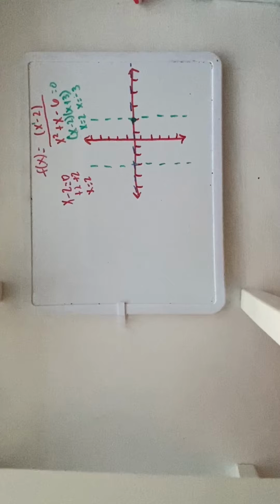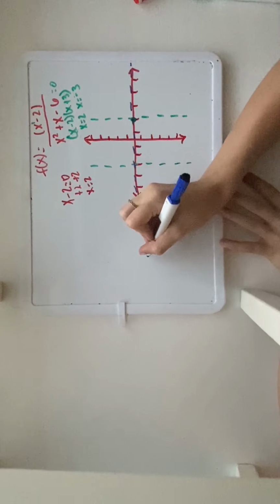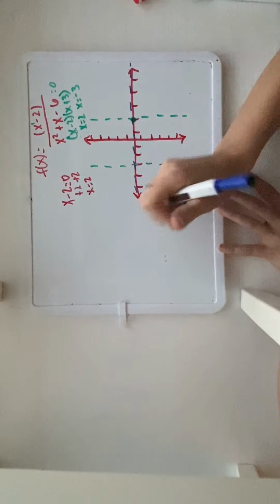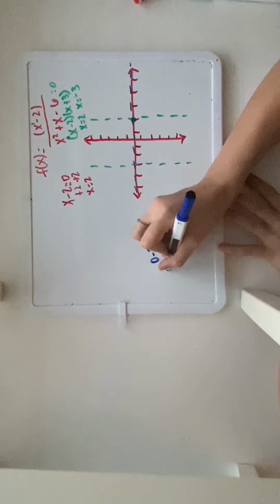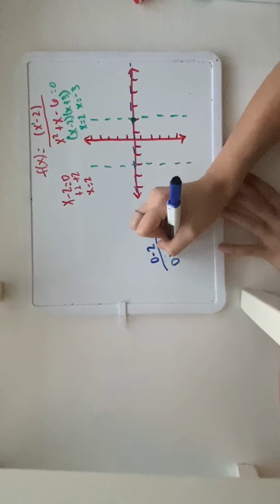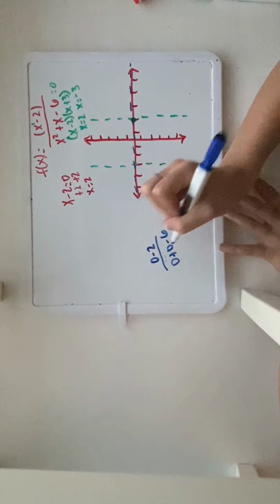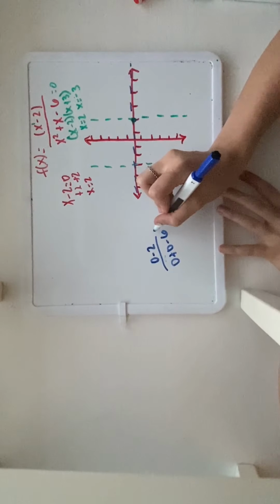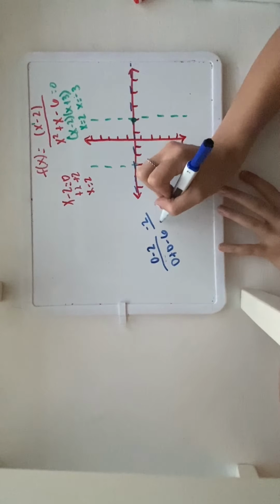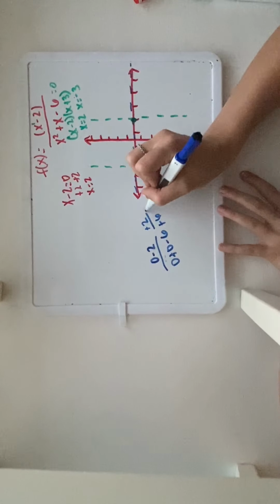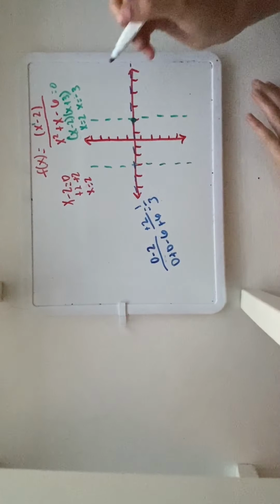To find your y-intercept, you're going to rewrite your equation, but plug in 0 for x. So 0 minus 2, -2 over -6, those cancel, and this equals 1/3.